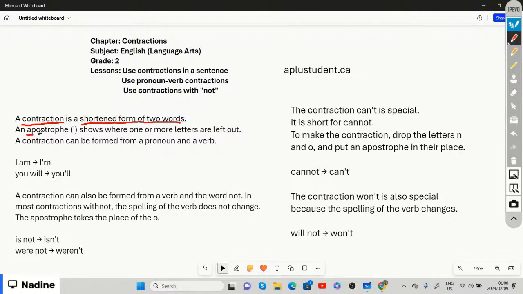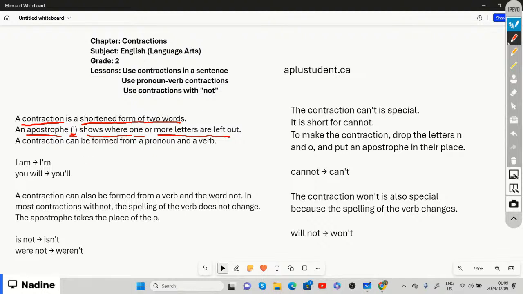An apostrophe, which is that little sign over there, shows where one or even more than one letter is left out. And remember, even if you leave out one letter, two letters or three letters, you only put one apostrophe in the place where the letters are left out.